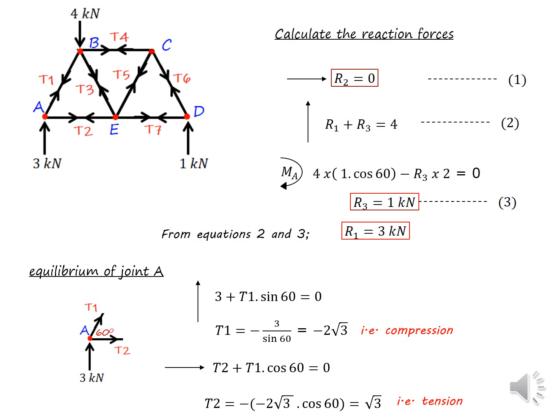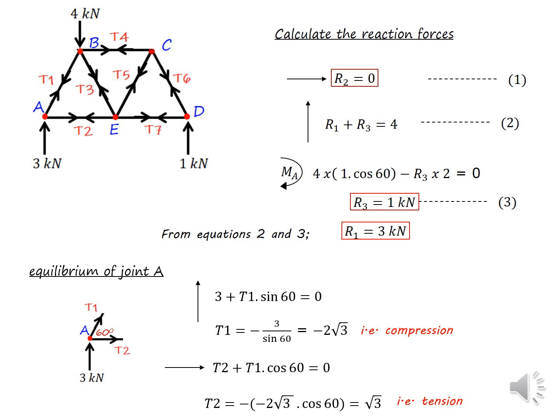Adding these two forces together should be equal to 0 to make joint A under equilibrium. So from that we can calculate T2. There is T1 also in this equation, but we know T1 is minus 2 root 3 from the previous equation.